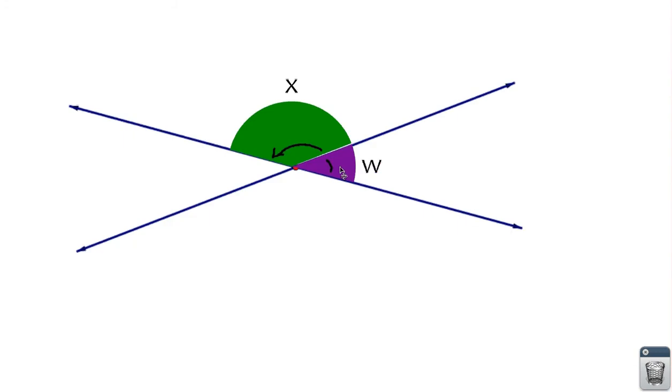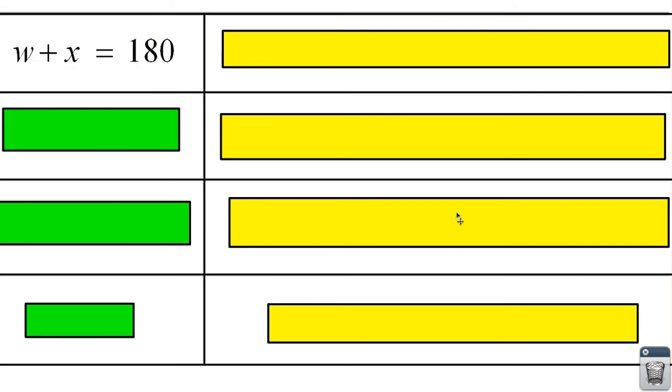In order to do that, we'll just review the observations we made earlier. The purple angle and the green angle together make half a turn, so W plus X should be equal to 180. When writing a proof, it's just a matter of being very clear about your reasoning and laying down the reasons for the things that you know.